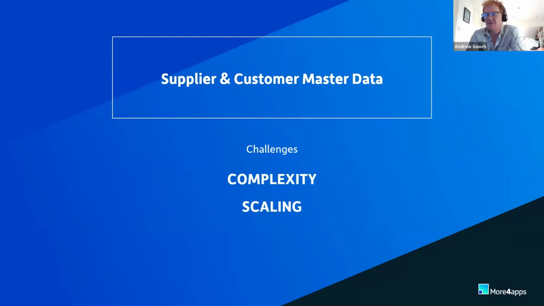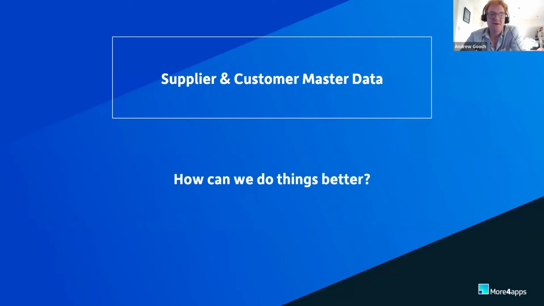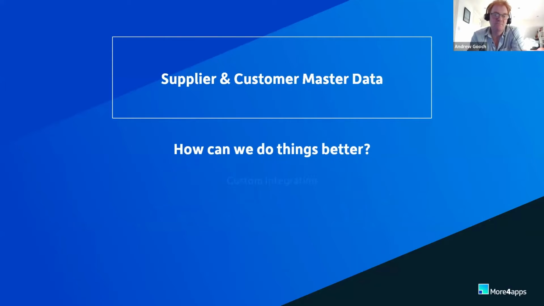So the question that we face now is, how do we improve things? Well, the first thing we need to do is find a solution that isn't so hard to use, I guess. What we need is a mechanism to get that data in without all the painful manual steps. So we could go off and build a custom integration to speed these things up for us, but that's expensive in dollar terms and also in resource use.